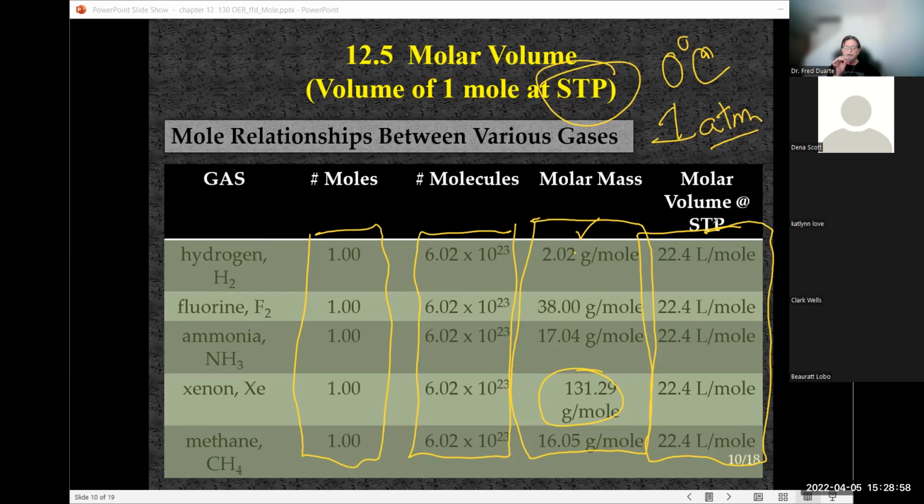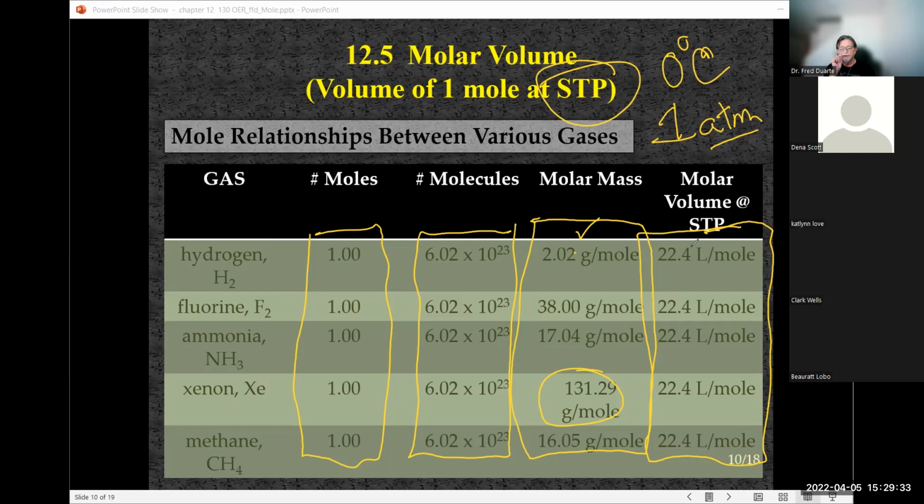At 0 degrees Celsius and at 1 atmosphere, if I have 1 mole of any gas, hydrogen, oxygen, methane, xenon, whatever, it would occupy an exact volume, well, not exact, because there's a measurement, so there's some error involved. It would have a volume of 22.4 liters per mole, okay? 1 mole of gas will have a volume of 22.4 liters at STP, okay?